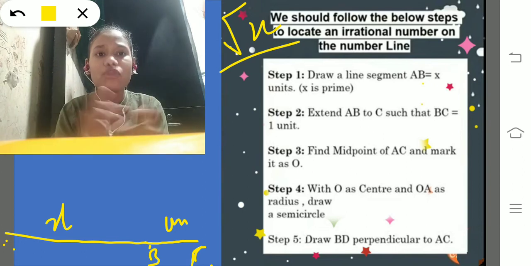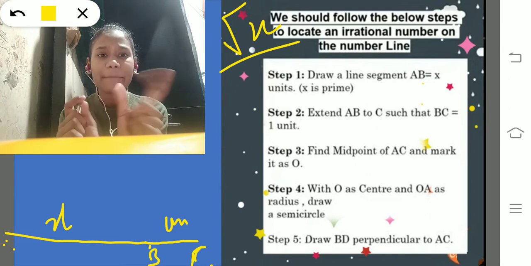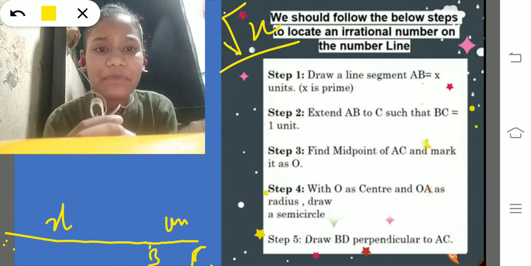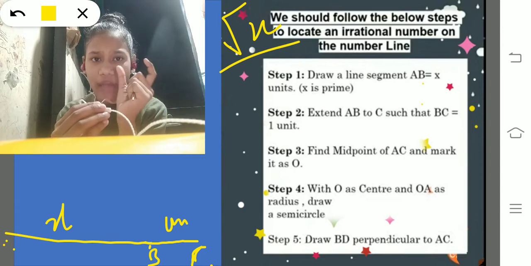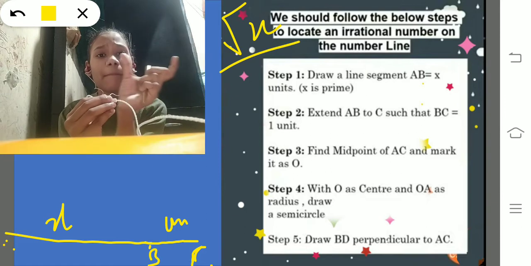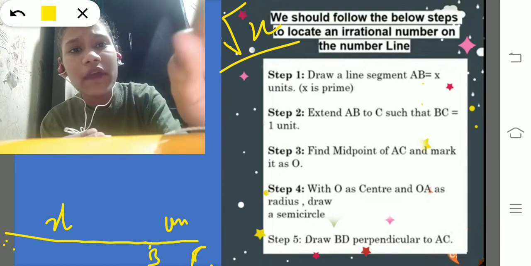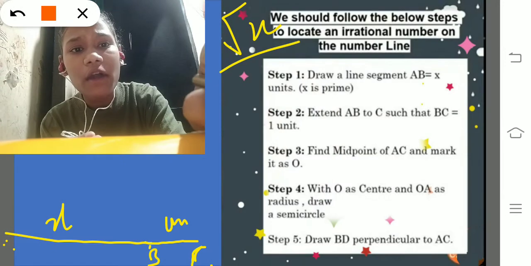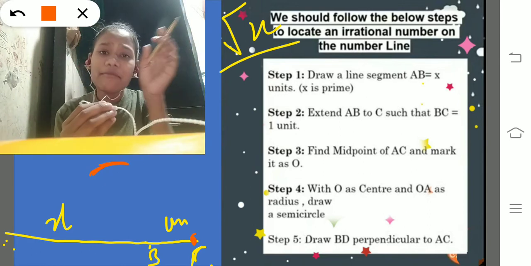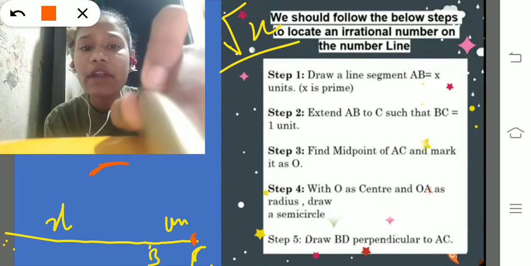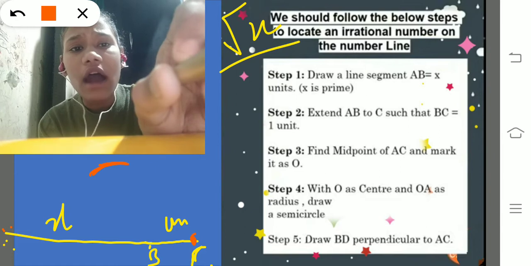Now you have to open your compass. You will open it to half of the measure of this line, and then open it a little bit more, and put it on point C. Then you will draw an arc, and with the same measure you will put it on point A and draw an arc again.